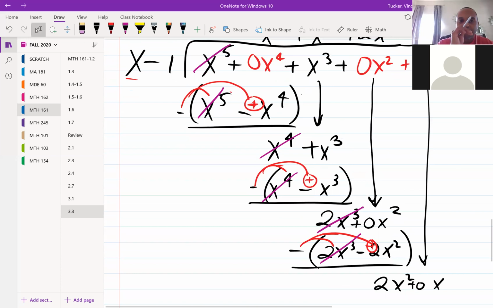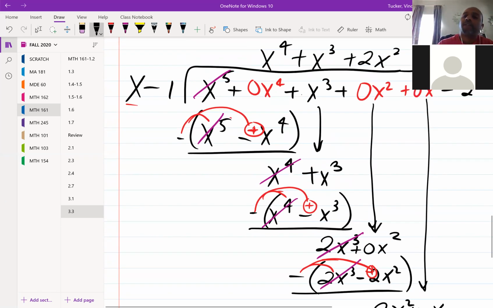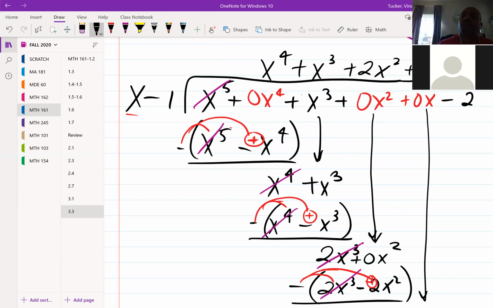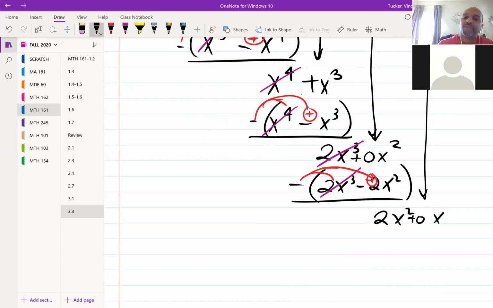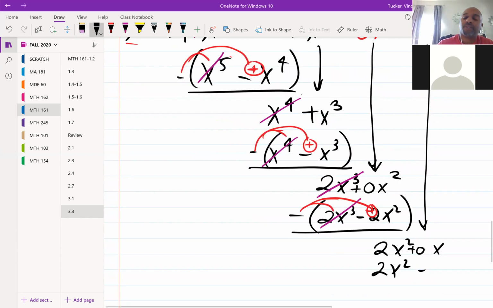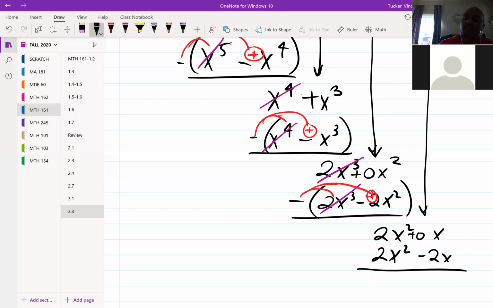All right, so what times x will give me 2x squared? It'll be 2x. Yeah, I didn't know this problem had this many terms. I just chose one out of the back of the book. But then 2x times x, that's 2x squared, minus 2x. Keep following the procedure.